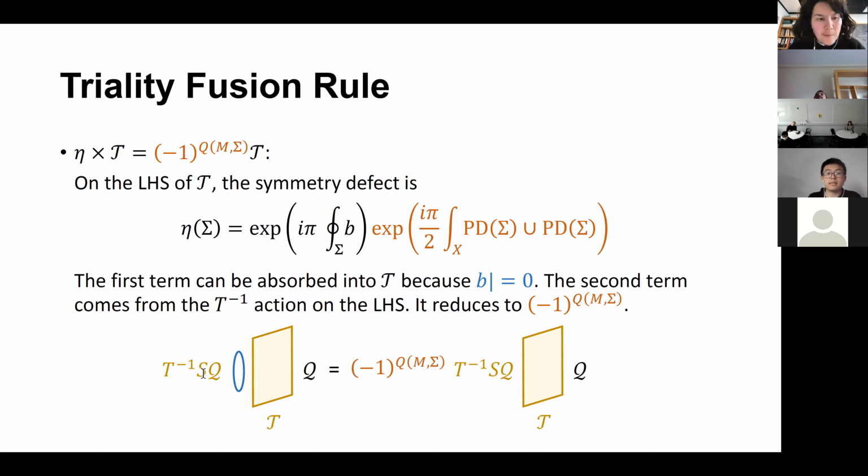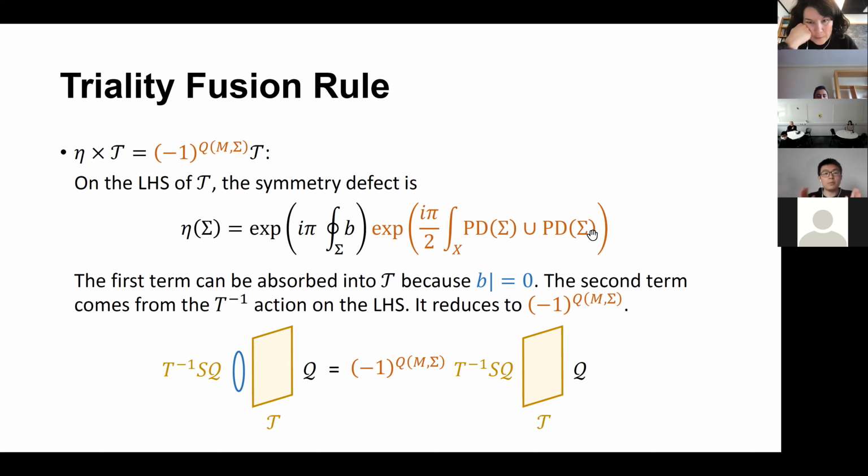So this means that I need to do a gauging first, and then I stack on top of this another SPT. And because of this stacking of SPT, this will modify what we mean by symmetry defects. And this will introduce this phase given by exponential i pi over 2 and the Poincare dual sigma square.